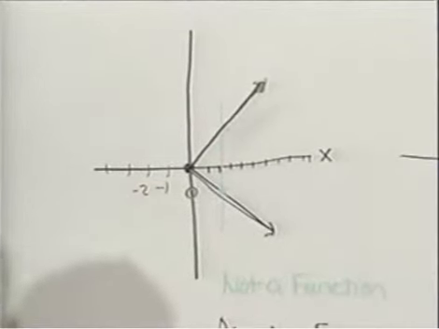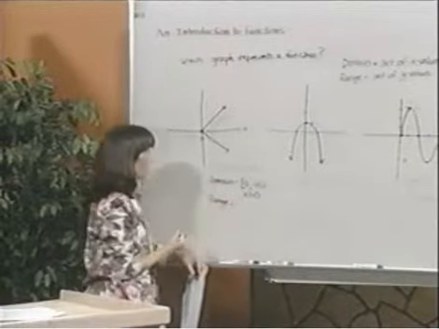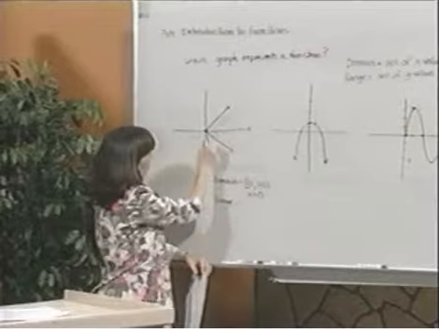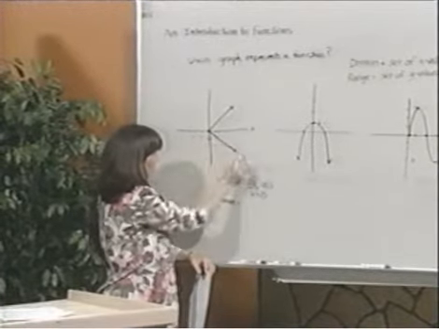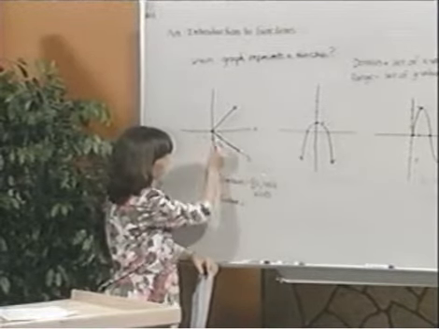Okay, that's your domain. How about the range? The range, then, in this picture, well, let's see. As far as y values go, are you going to have negative y values that correspond to this graph? Sure you are. As you keep going down, you're going to find a y value that corresponds.